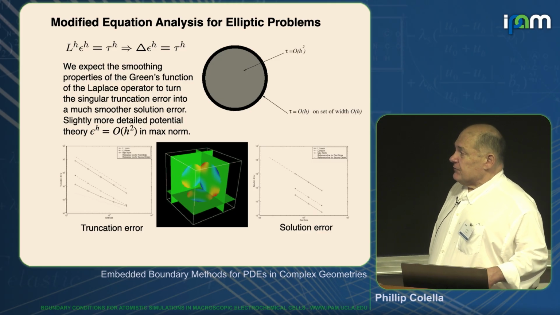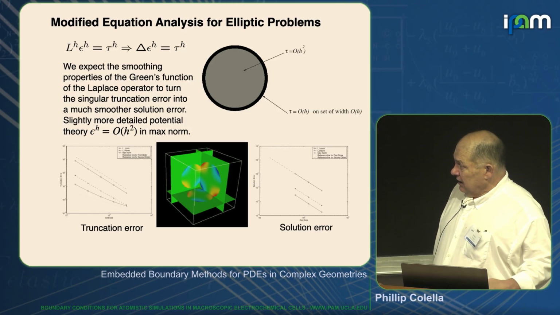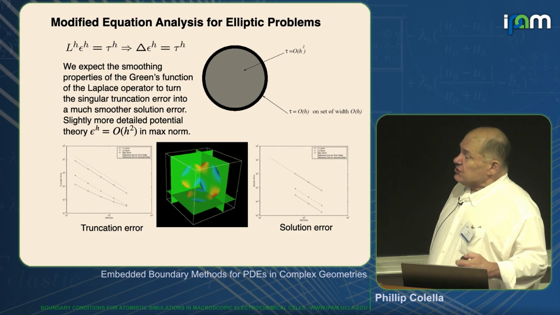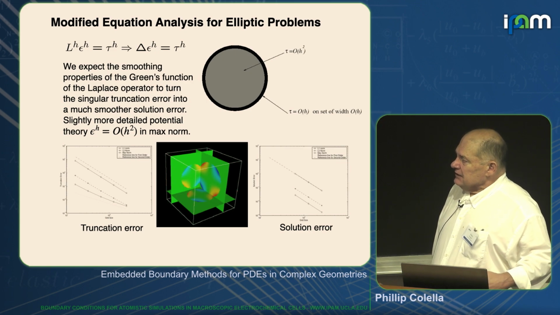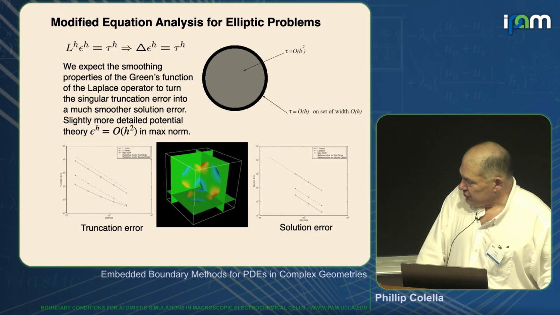Well, if you have a right-hand side that's order h squared, except on a set of, roughly speaking, codimension 1, where it's order h, then you get order h squared in the max norm of epsilon. And that's a little bit of elementary potential theory.